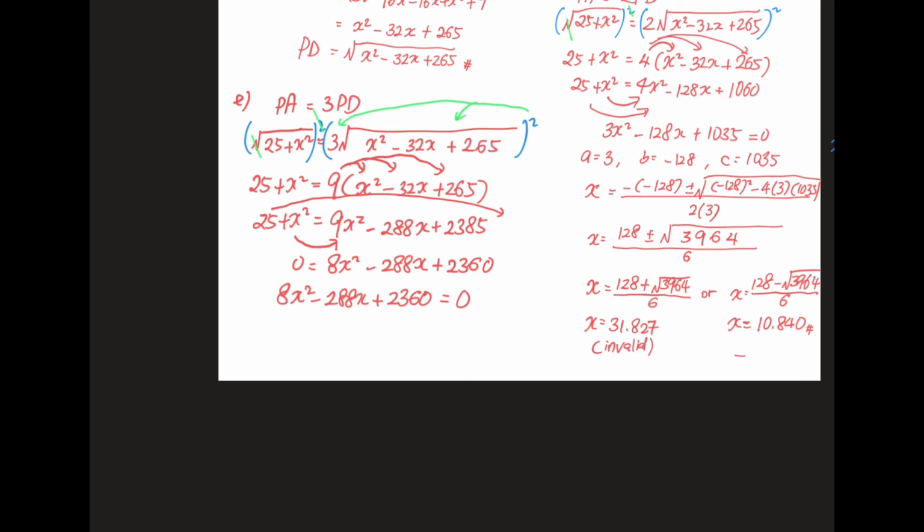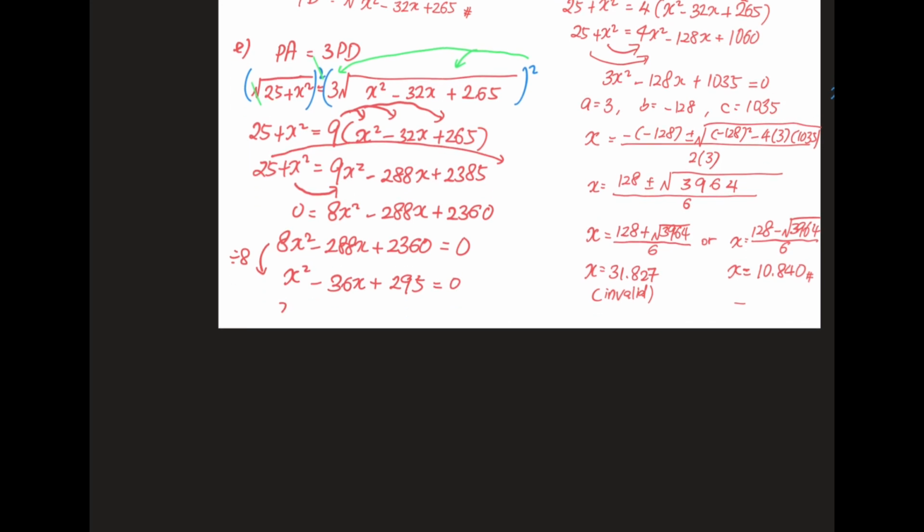Okay, yes, they are divisible by 8. 288 divided by 8, I have 36x. 2360 divided by 8, I have 295. So I'm going to use the quadratic equation again. This time A is 1, B is minus 36, C is 295.